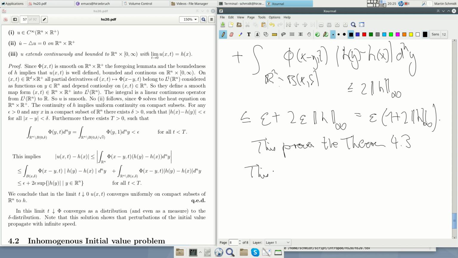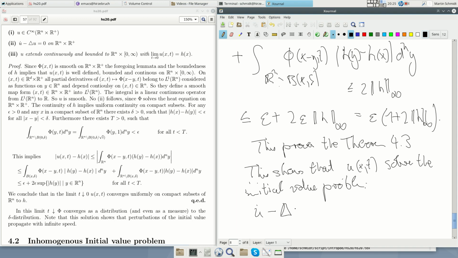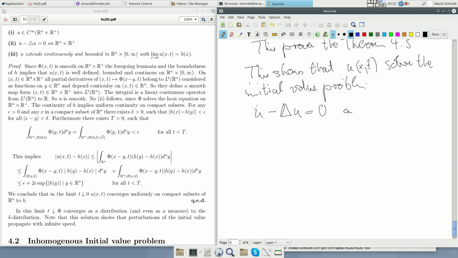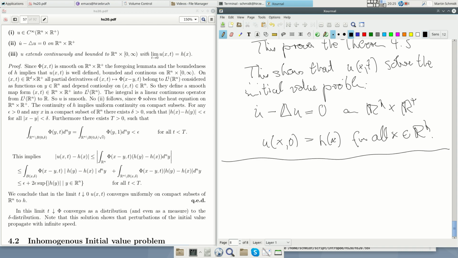This shows that u of x, t solves the initial value problem: u dot minus the Laplacian of u is 0 on Rn cross R plus, and u of x, 0 is equal to h of x for all x in Rn.